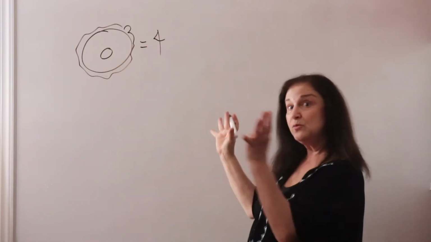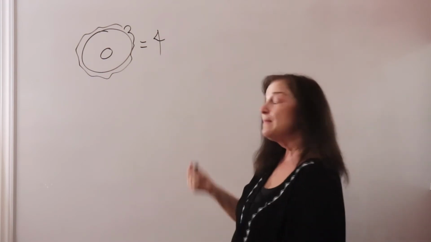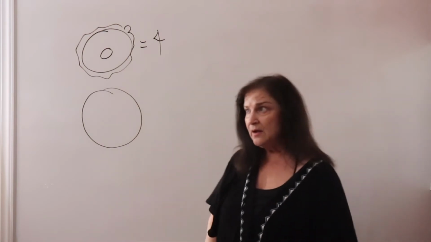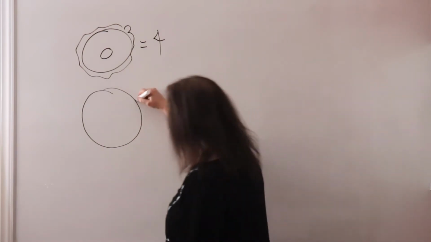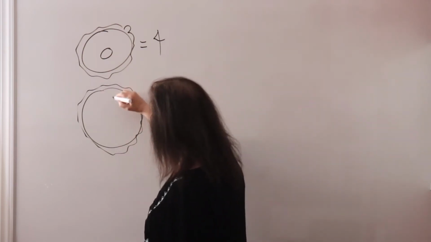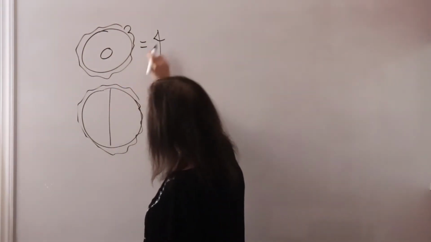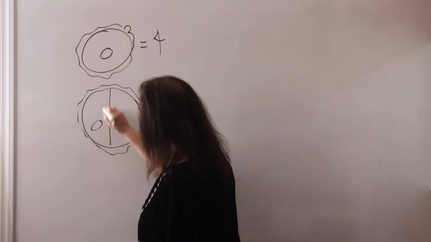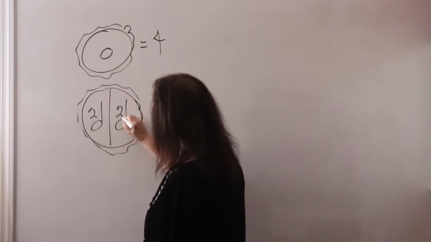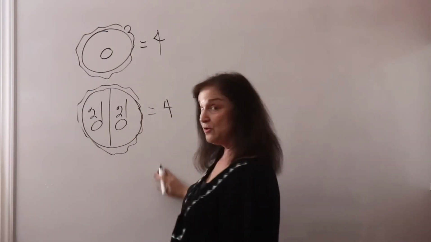Now, for my half note, okay, what's your favorite pie? Coconut cream. All right, here's coconut cream pie. If I cut my pie in half, half of 4 is 2. So each of these are 2. But remember, the whole pie equals 4.